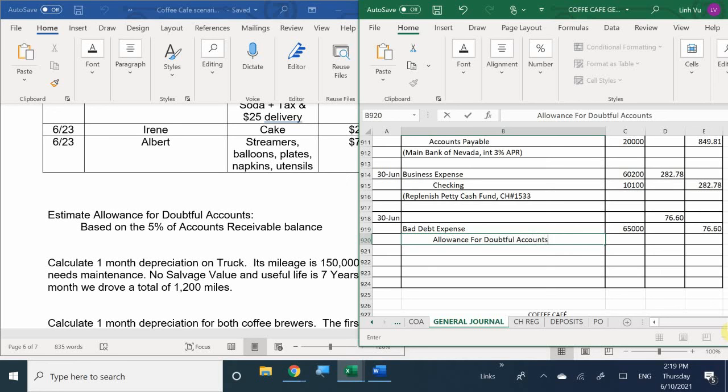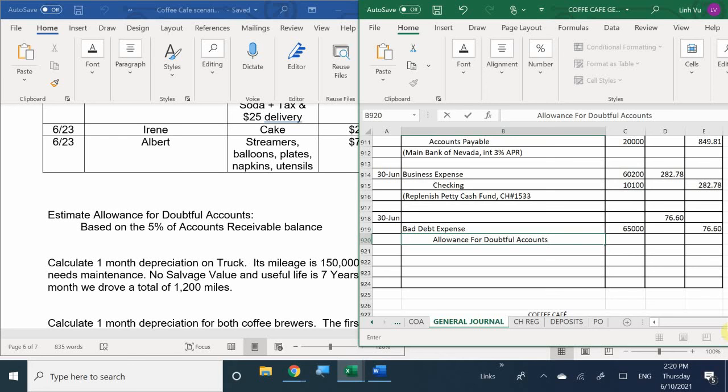And now this is why, when you start the next period, you're going to have a credit balance in your allowance for doubtful accounts. Because if you do it every single month, you're going to have some kind of account balance in the allowance for doubtful accounts. Now, once again, this is towards the end of the given accounting period.